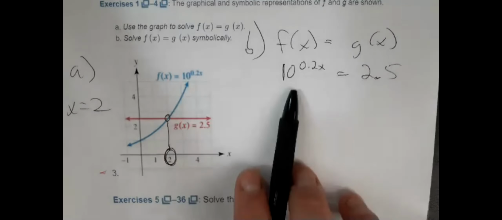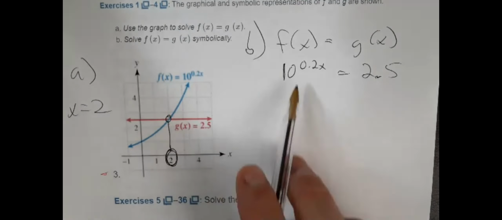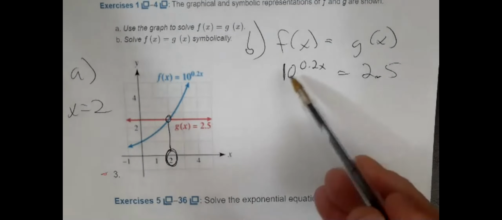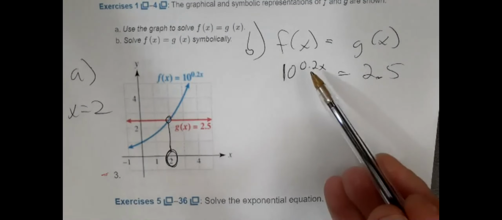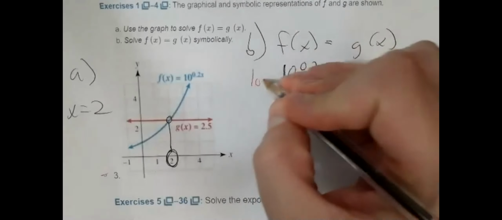So I think this thing is already by itself. So if we want to get rid of this, how would I get rid of a 10 to the 0.2x? How would I undo this thing being exponentiated? Take a log. All right, so we're going to take a log of both sides.